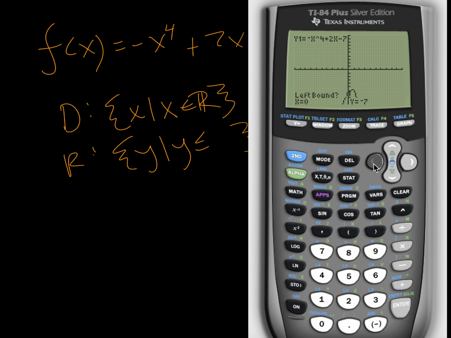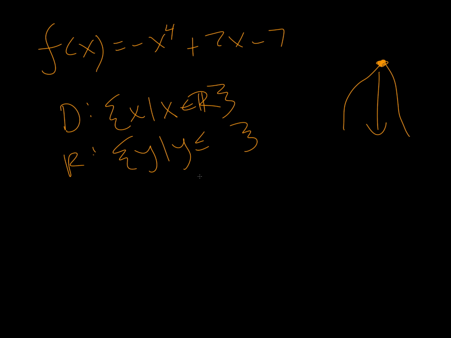Now it asks for left bound, so you click anywhere to the left of the high point, so you hit enter. Now it asks for a right bound, so you click anywhere to the right, and then it wants you to guess. So try to get the cursor right where you think the highest point is. It's going to think for a minute, and on this problem we only care about the y value, and so negative 5.81. And that's going to be our range.